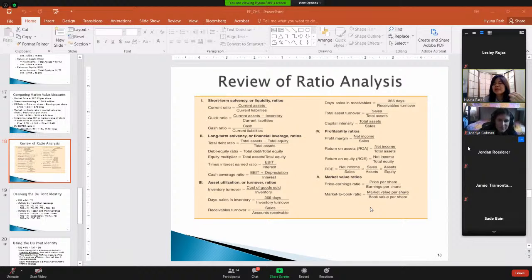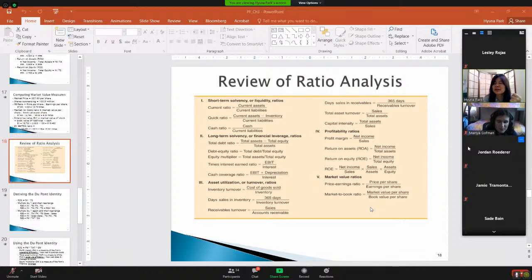So you should understand what are those ratios for and what kind of ratios are there. And you should also be able to calculate each ratio using financial statement data, and you should be able to explain and interpret how to use these ratios.